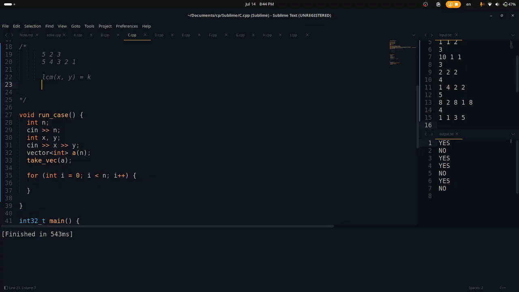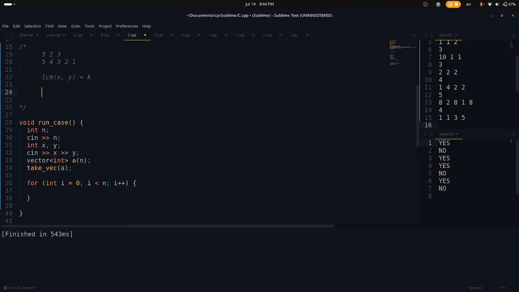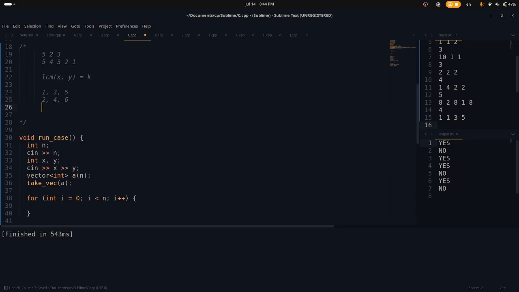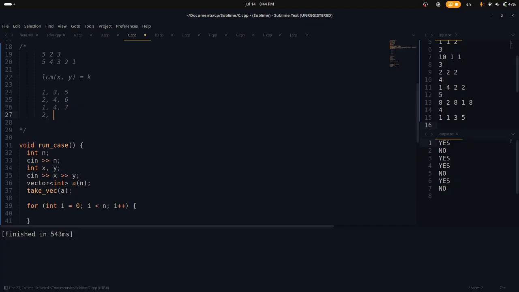For example, for 2, 3 we can swap 1, 3, 5, and then you can swap 2, 4, 6, and then we can swap 3, 5 again. Then by 3 we can swap 1, 4 and 7, and then you can swap 2, 5, 8.